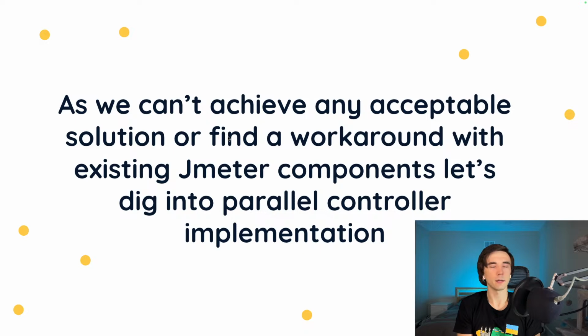Maybe because the parallel controller is not in active development. It was created a long time ago, honestly, and in the last several years it is not actively maintained. It is developed by JMeter, so maybe they have other priorities.